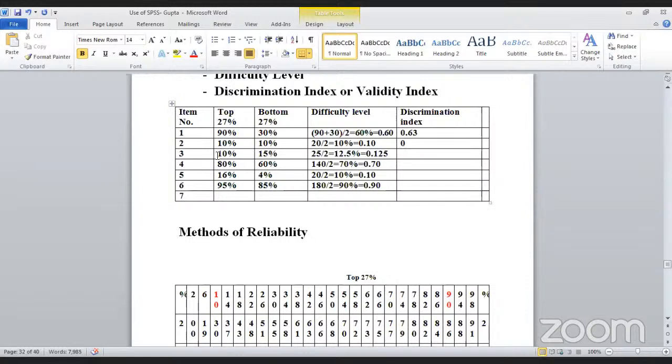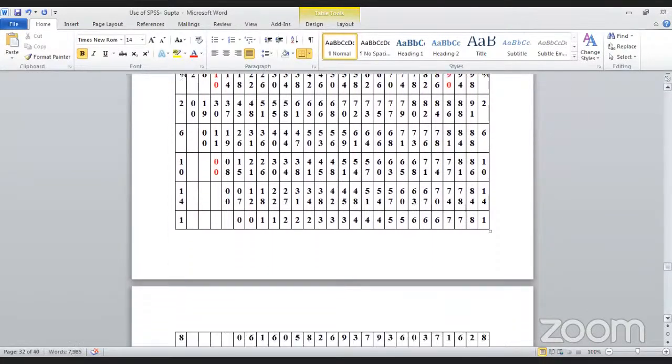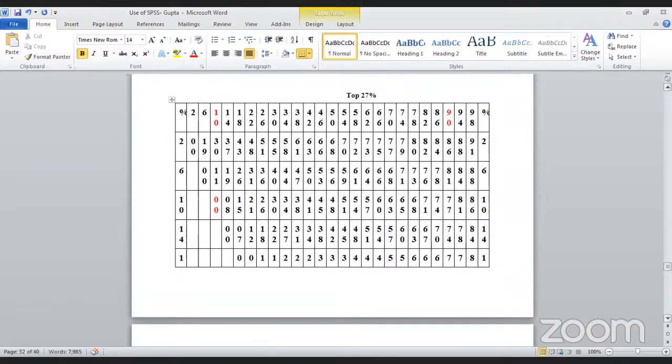Now, next is this 10% and 15%. Top is 10% and then it is 15%. So this is my 10% here. Now we have to go to 15%.